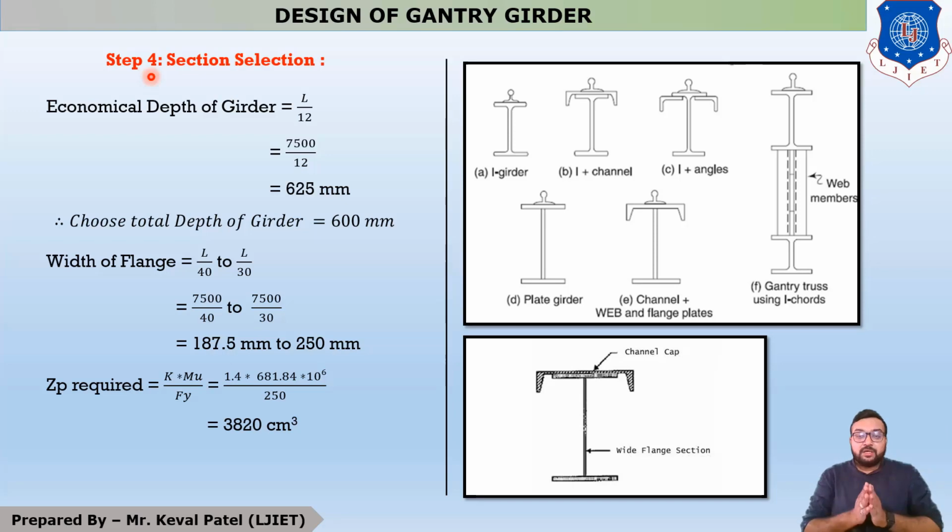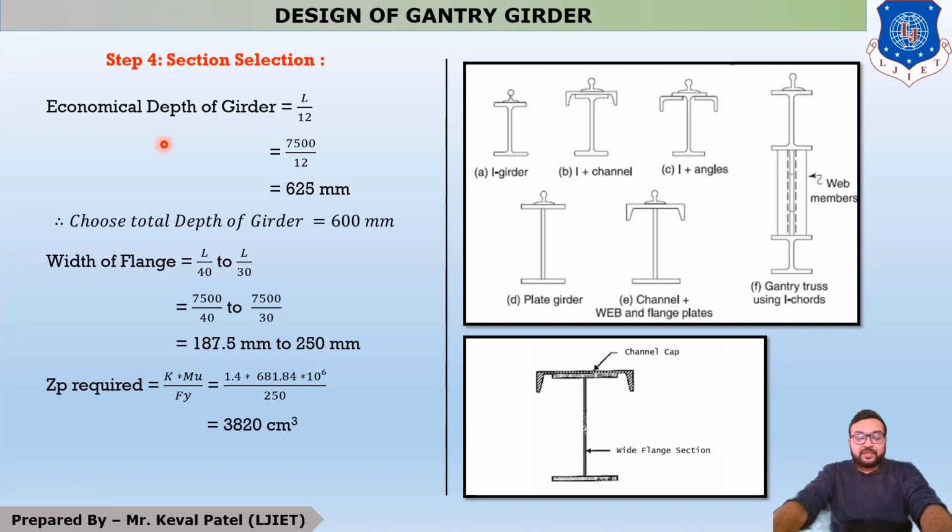Okay, now another force which is subjected to this type of section is the surge load. Okay, so this surge load is restrained only when we are providing a C channel. That is the reason why we are providing I plus channel section in the design of gantry girder.